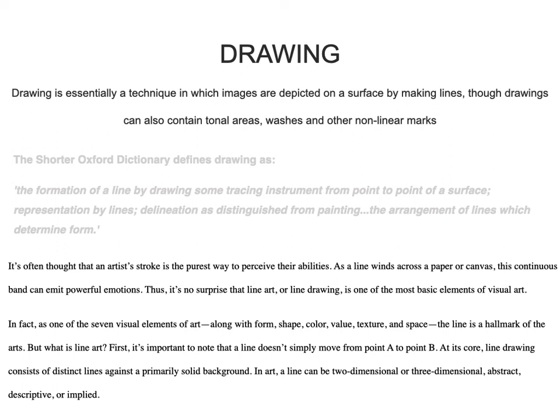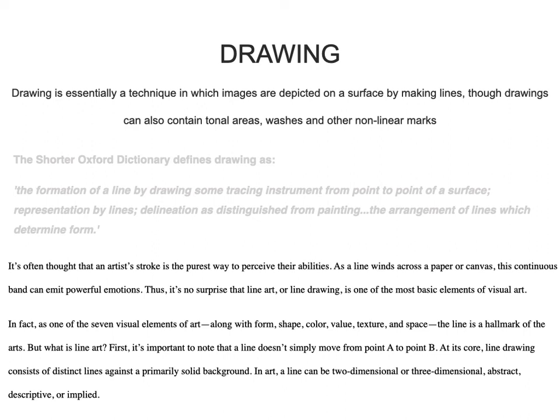And we'll talk initially about what drawing is. So essentially, drawing is a technique in which images are depicted on a surface by making lines. Although drawings can also contain tonal areas, washes, and other non-linear marks.